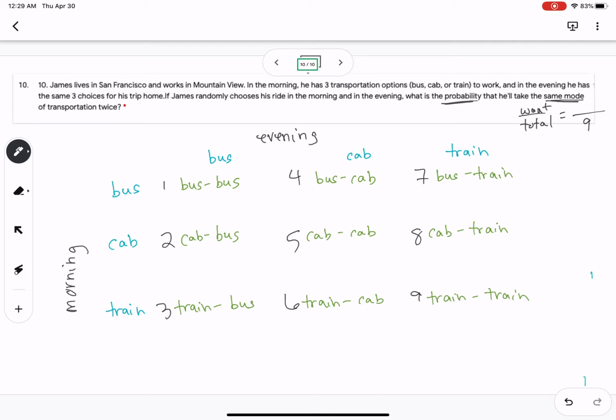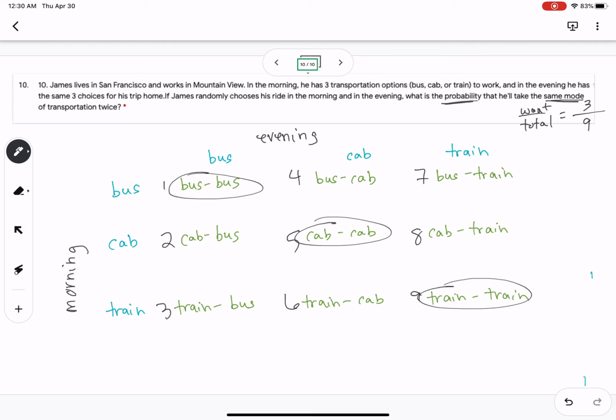Meaning, if he takes the bus in the morning, that he's then going to take the bus in the evening. Or cab and cab, or train and train. So we're looking at the possibilities where they're the same thing. So that means bus, bus, cab, cab, train, train. There are 3 different possibilities where he could take the same mode twice.